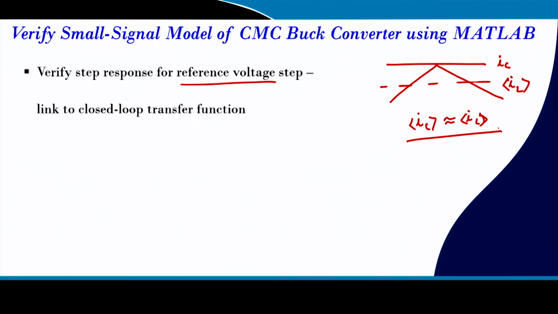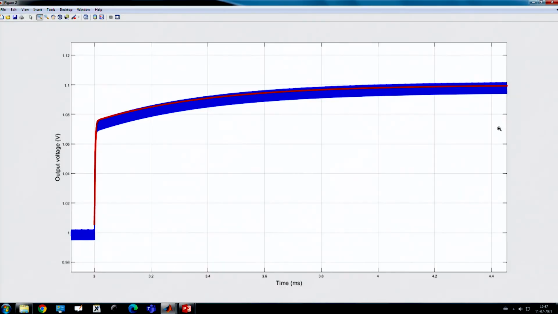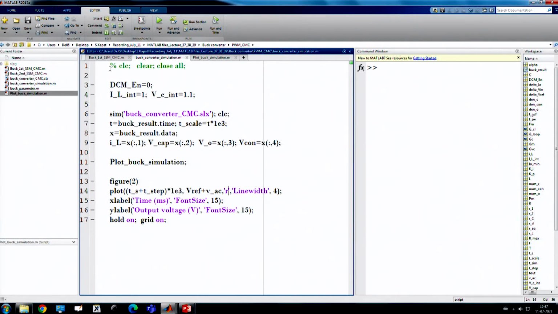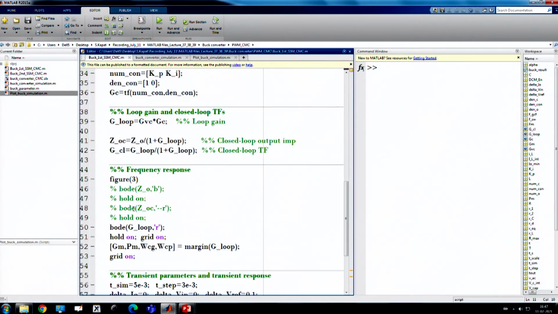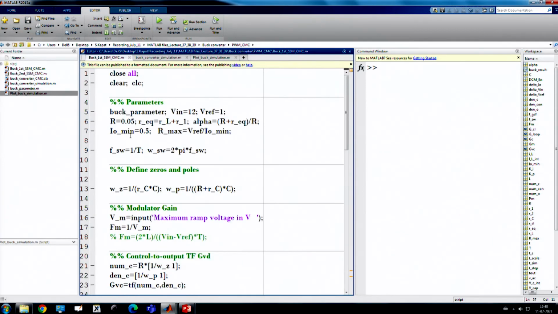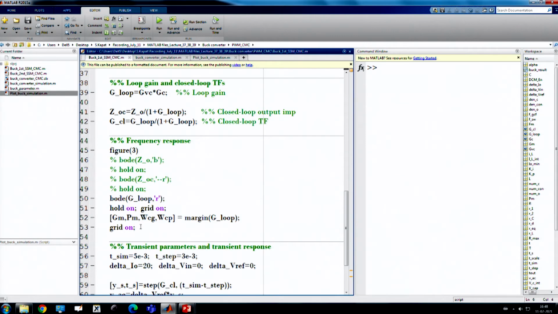Okay. Next, we want to verify the step response for load step transient. Go back to our simulation result. For the load step transient, let us say we are making 20 ampere, with the resistance initially 1 ohm, so we change from 1 ampere to 20 ampere.